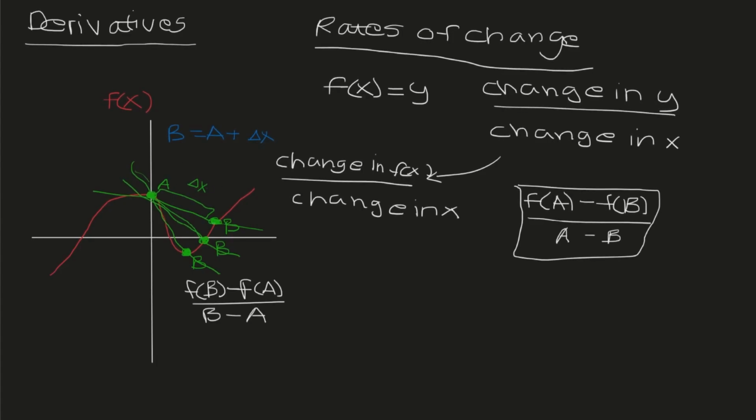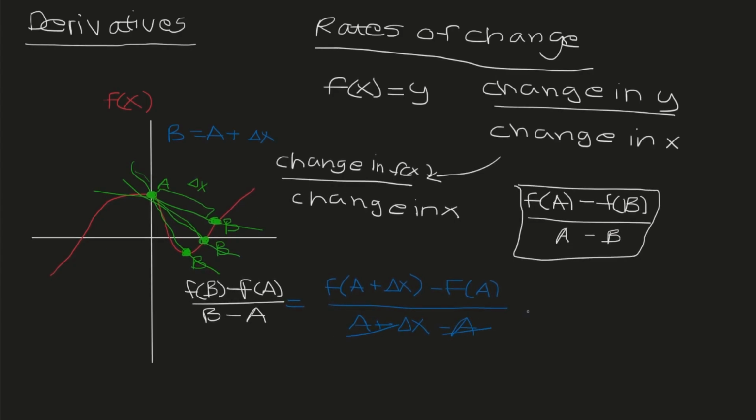With that in mind, let's rewrite this slope formula. So f of b, now we know that b is a plus delta x, according to our new definition, minus f of a, all over b again. We know that b is a plus delta x, minus a.